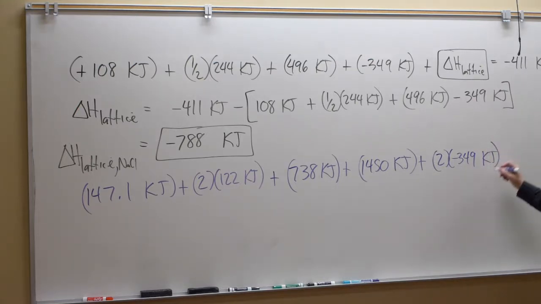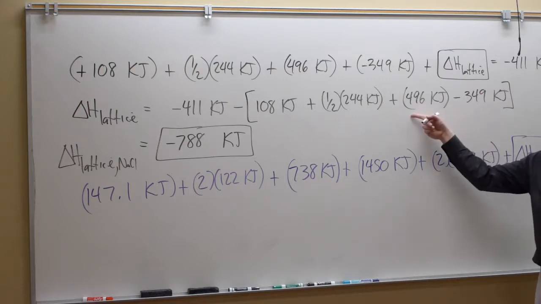And then we have the lattice energy. And all of that is going to be equal to the heat of formation, which is negative 641 kilojoules.